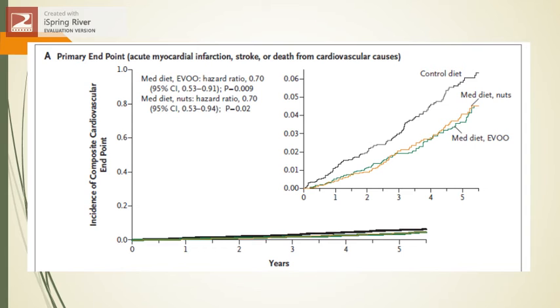So with a control diet followed over 5 years, you can see that the incidence of cardiovascular disease goes up and up and up because people are getting older. But the line is not as steep with either of the Mediterranean diet groups. So that means there's a lower risk of myocardial infarction, stroke, or death due to cardiovascular disease for those on the Mediterranean diet.